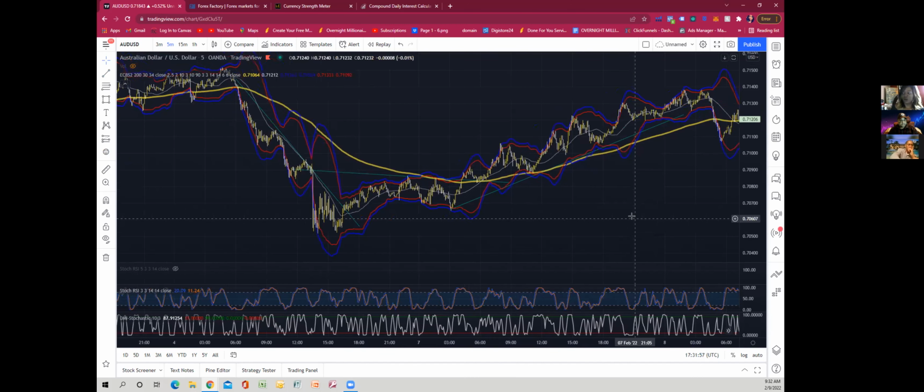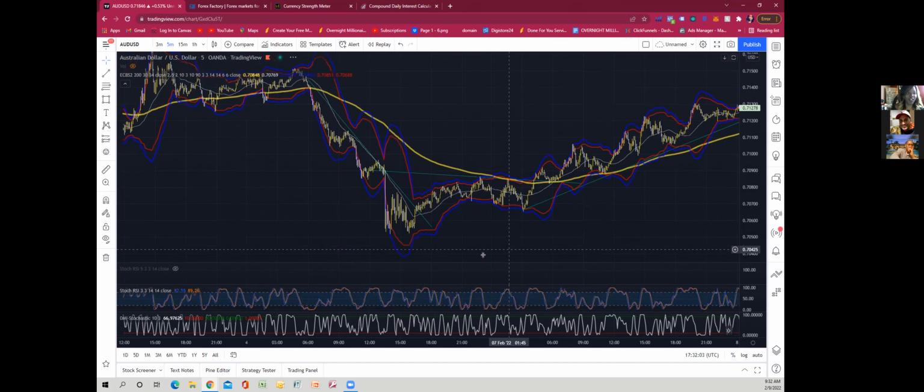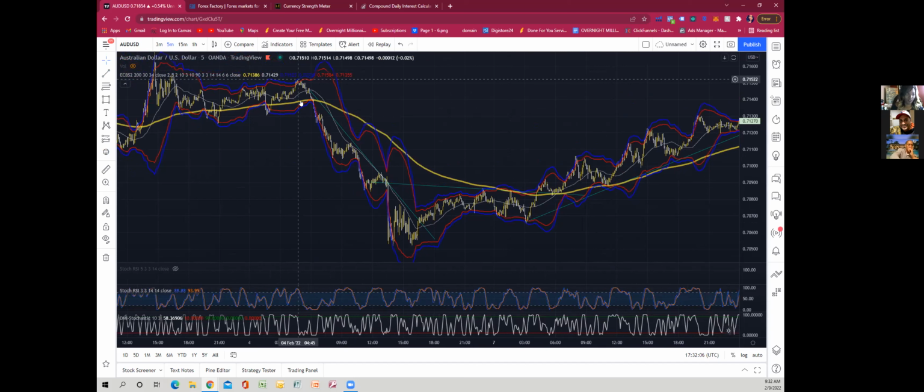Now this, if you can really start to understand this, life will change for you when it comes to trading, because it will do this time and time again. It will be in a trend, regardless if it's an uptrend or a downtrend, then it will consolidate or range, like what it's doing right here.